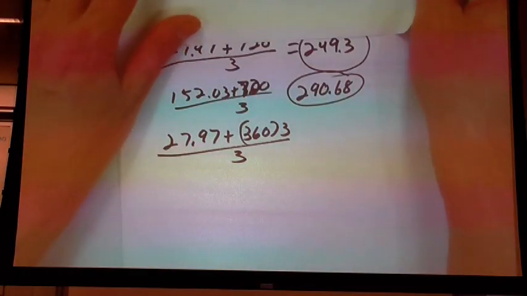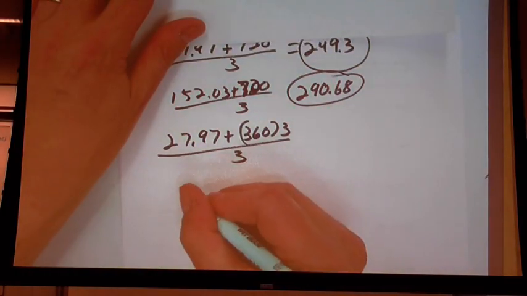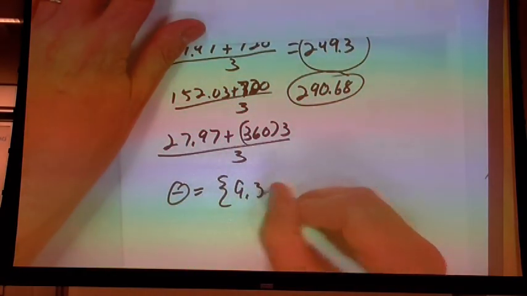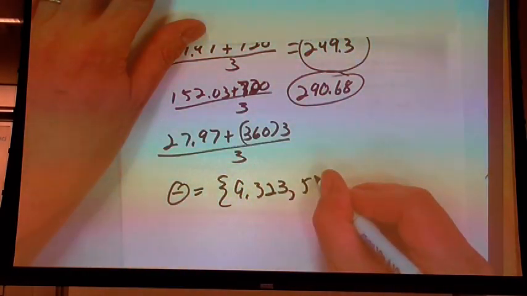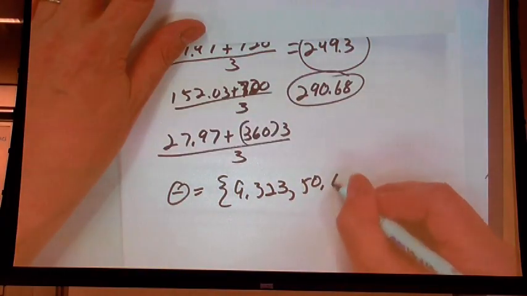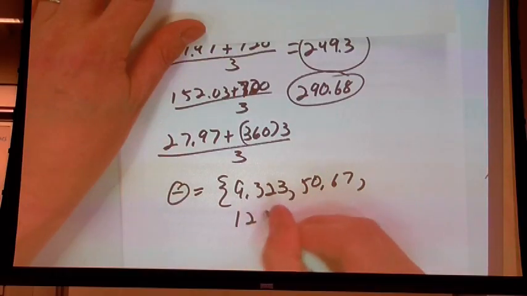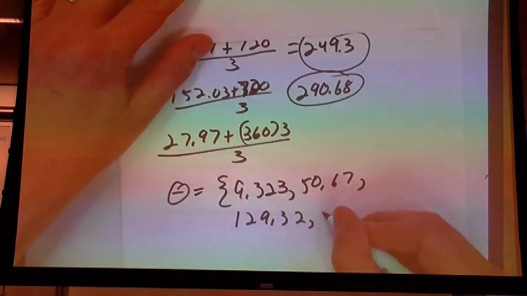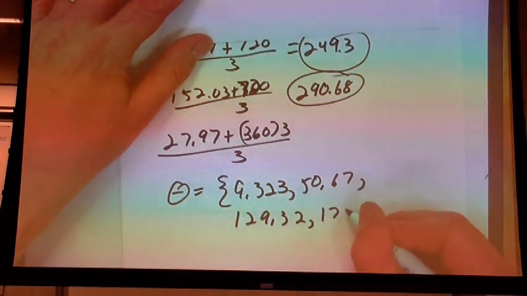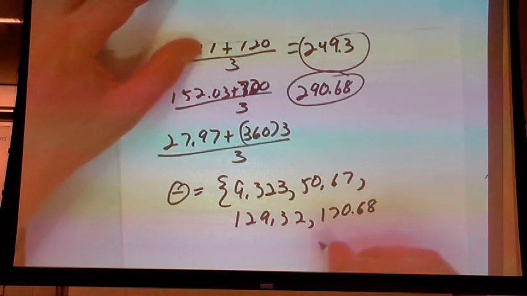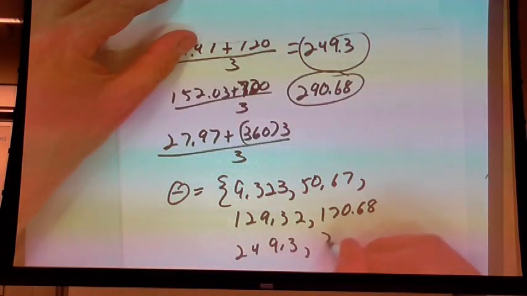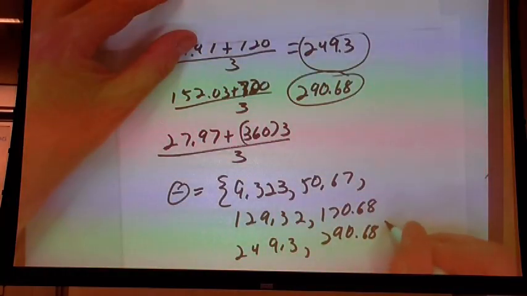So what have I found here? My thetas, my solutions are 9.323, 50.67, 129.32, 170.68, 249.3, and 290.68.